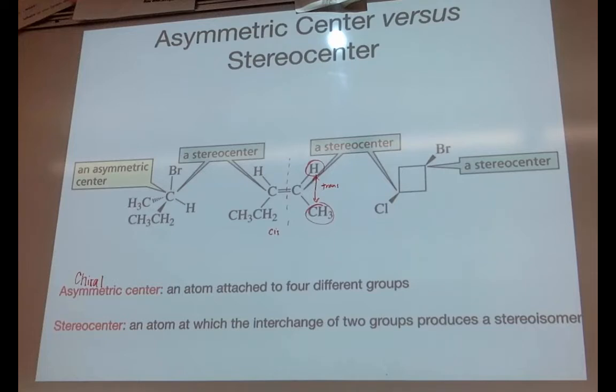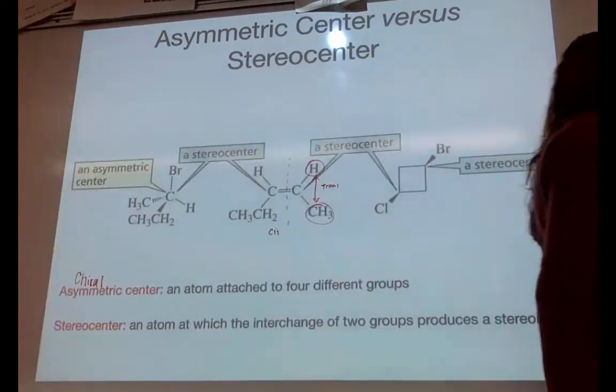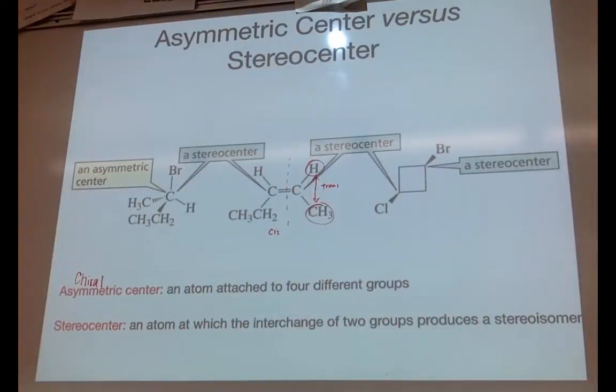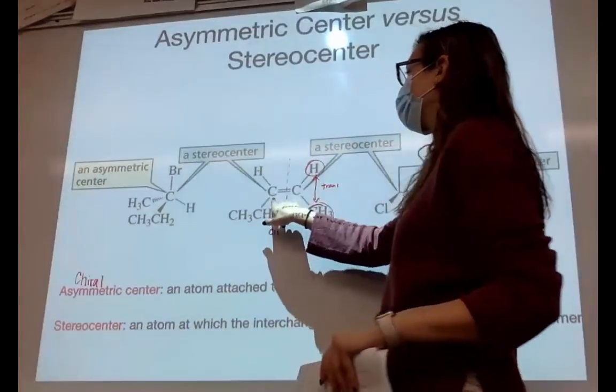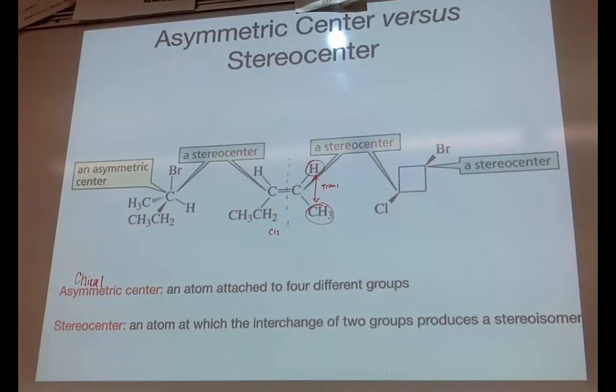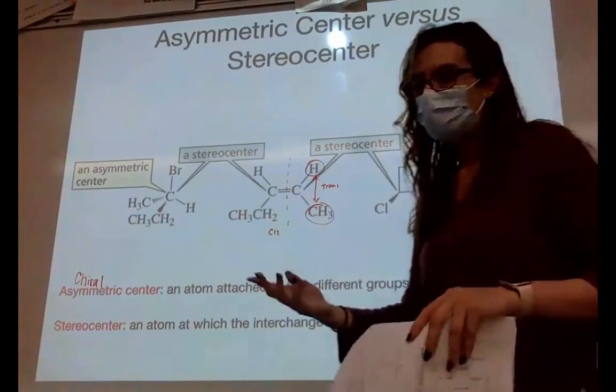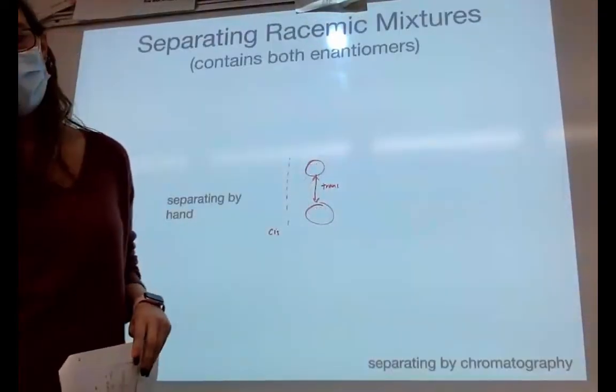Remember, cis and trans are stereoisomers as well. So a stereocenter is where if we switch two groups, two substituents, you're creating a different stereoisomer. This cannot be a chiral center, though, because the carbon isn't attached to 4 different things. So that's looking at chiral center versus stereocenter.